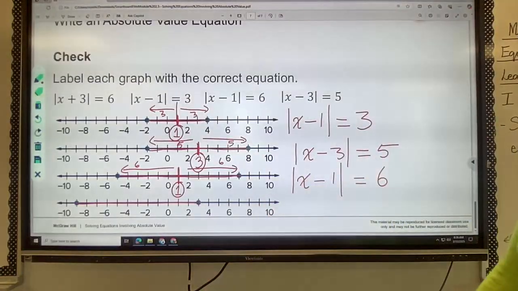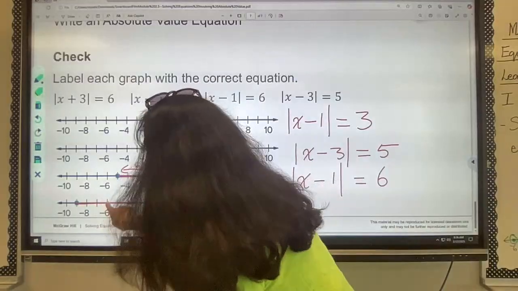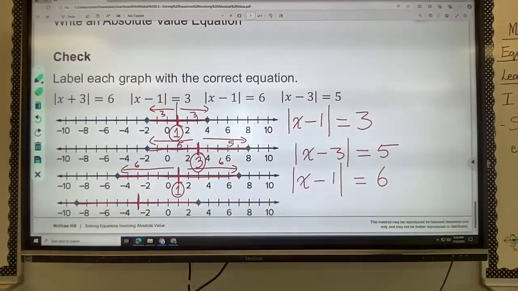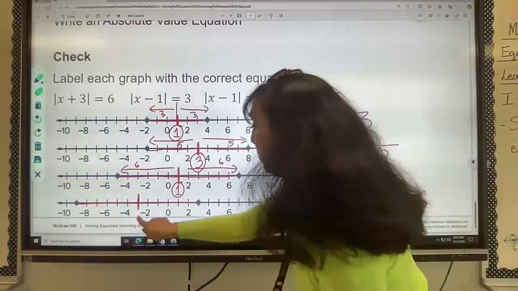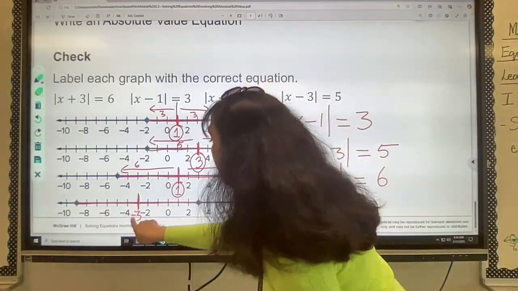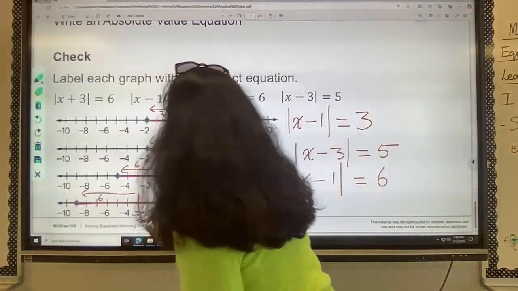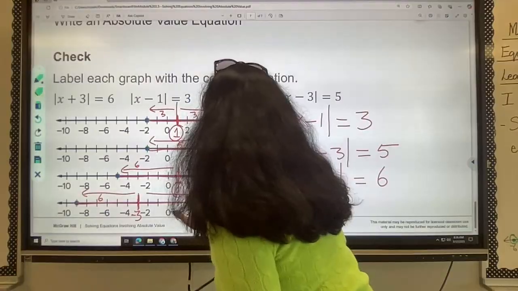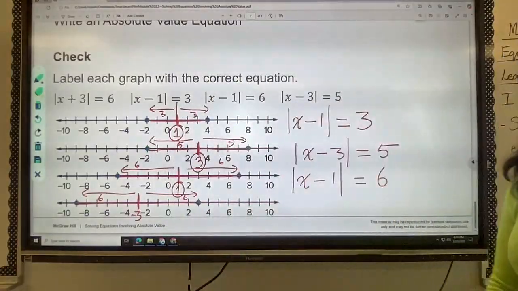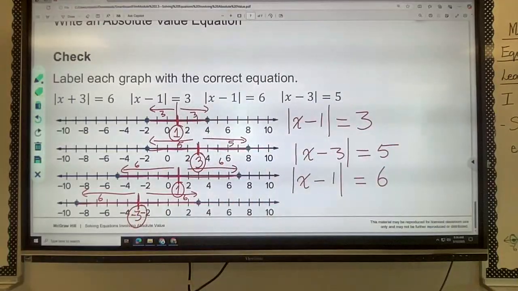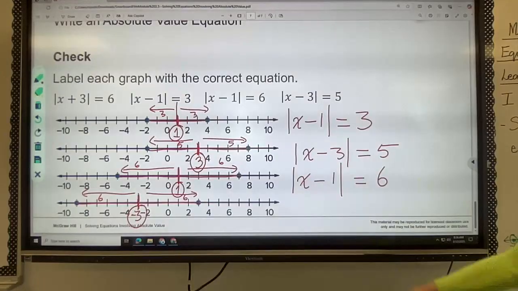Right? So I'm going to go 1, 2, 3, 4, 5, 6. All right? And what is this? This is going to be -3. Right? And so we have 6 units here and we have 6 units over here. So my midpoint is how much? It is -3.